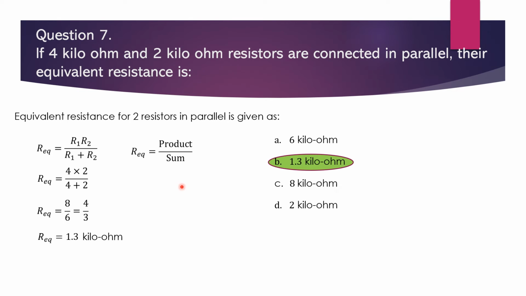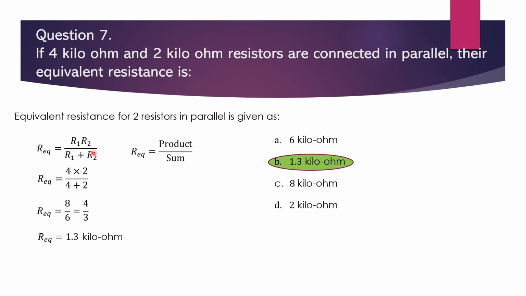I'll explain this further to you, but I will still insist on using this formula product over sum for the two resistors in parallel as well as for the two capacitors in series. Use the formula product over sum, that is a handy formula for MCQs and for any other place where you need to know the quick answer.